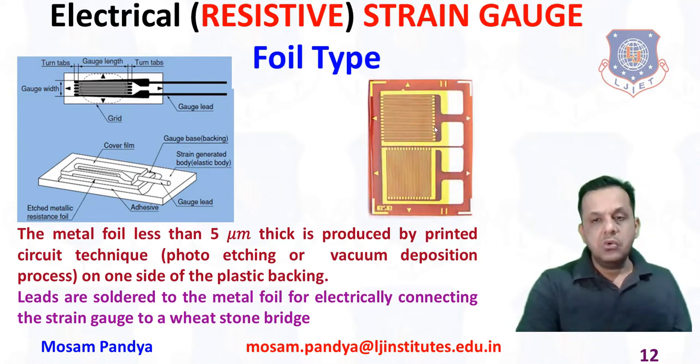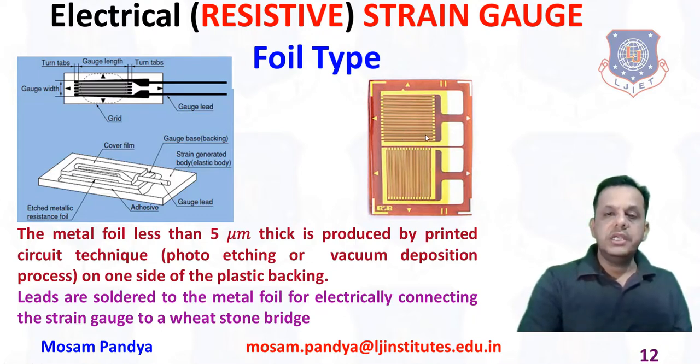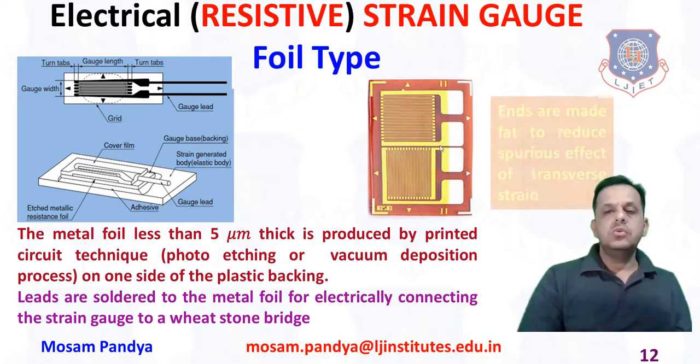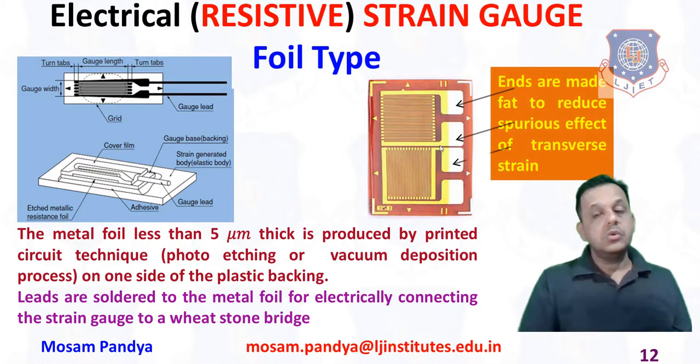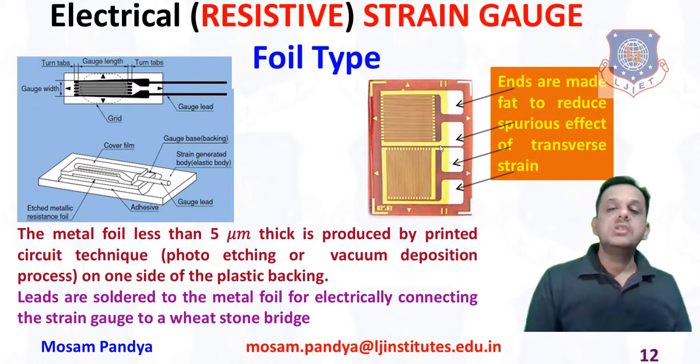So this is how one actual foil type strain gauge looks like. You see the very small thin line grids shown here, and these are the fat lines which are created purposefully to avoid the spurious effect of the transverse strain.